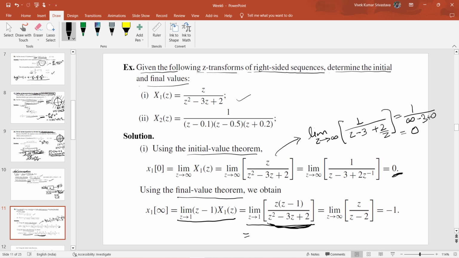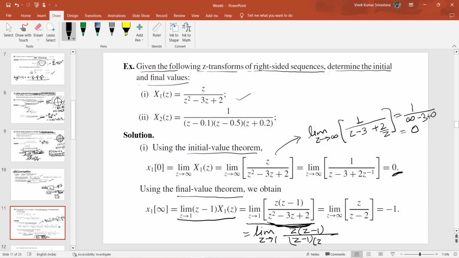Once you factorize it, you will get z minus 1 over z minus 1 into z minus 2. So this will cancel out and this will be equal to limit z tends to 1 of z over z minus 2. Once you put this value here, you will get minus 1. That is how you can find out the final value.